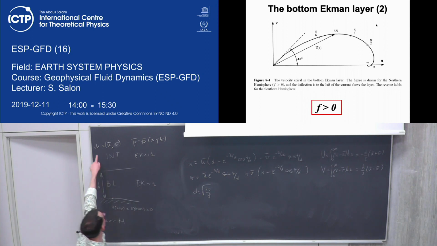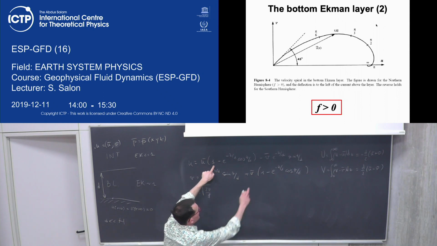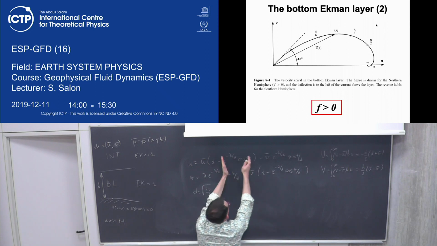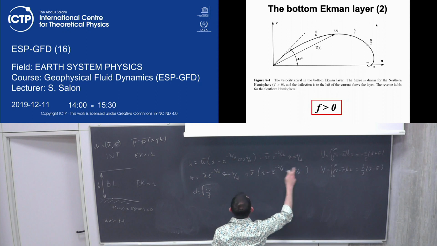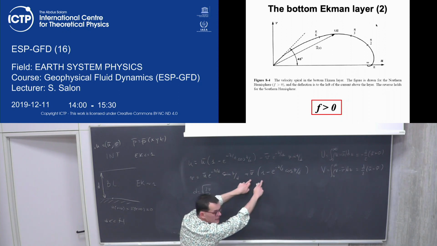So when Z is infinity, U will be 0. From this expression, no, U will be equal to U bar. Okay. Still, we have one here and one here. So all this part here, because this goes to 0, this goes to 0, this goes to 0, and this goes to 0, but we still keep this and this.